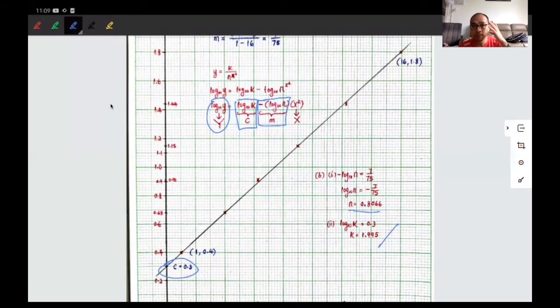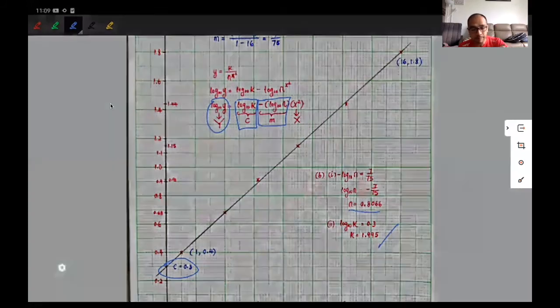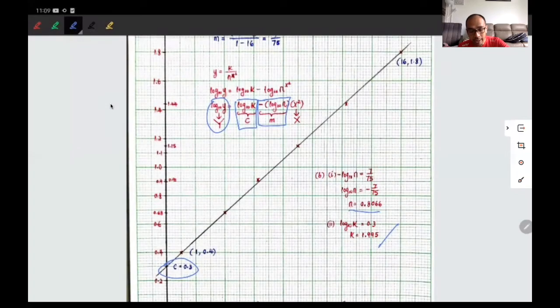Now, always remember gradient. Okay, guys, listen. Your triangle must be big. Go for the first and the last point if you can. This is an acceptable triangle, not this tiny triangle. I will not accept this, because this only calculates the gradient of this side.